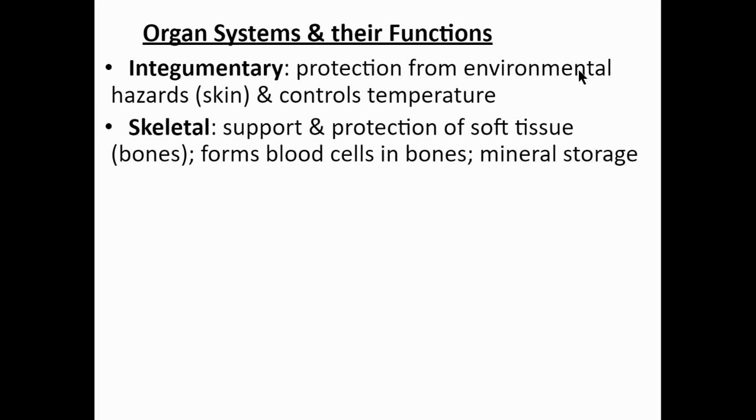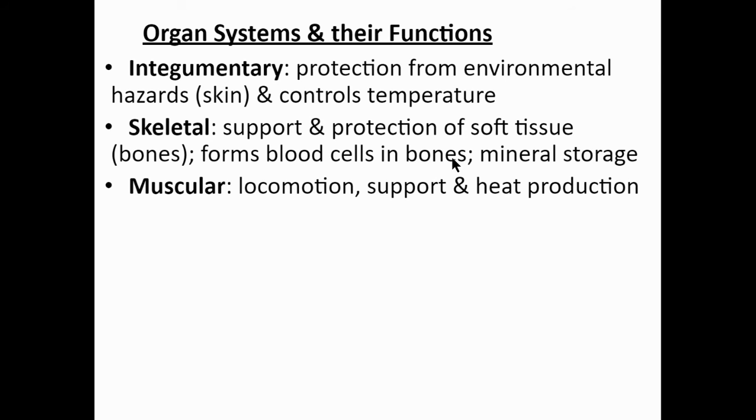So that's really important. Skeletal, right? Our bones are also used to store minerals like calcium. So it protects soft tissues, forms the blood cells in your bones, inside your bone marrow. It's your skeletal. Muscular locomotion is to move, support, and it produces heat.